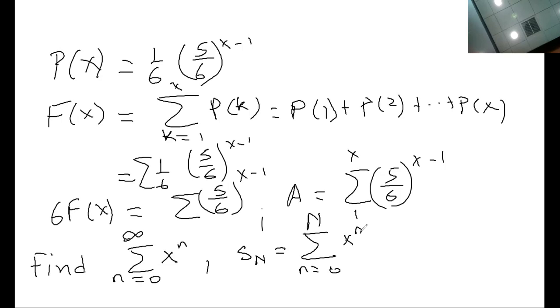Has anyone tried to get this or to do something about it? I think we started this one in class. We did something, did we do something about it last time? This sum, anyway.